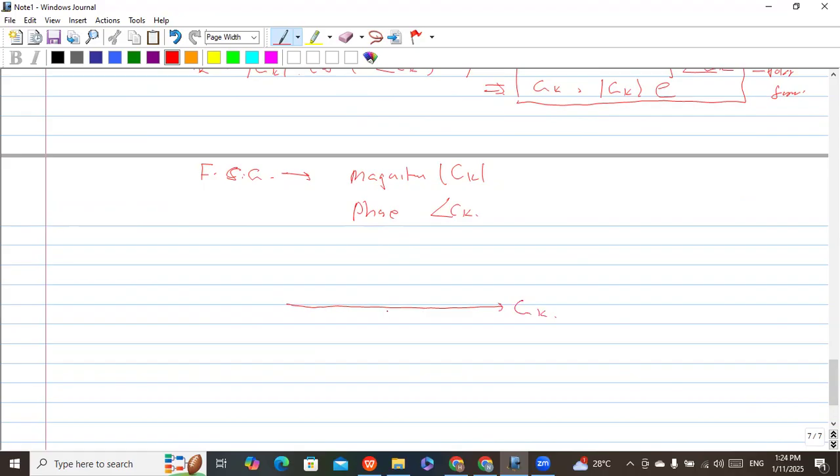Here in our case we have three values, C0, C1, C2. And what is the magnitude of C0 in our case? C0 is 1, no? So it is a real value. So the magnitude of 1 is again 1. So the magnitude of C0 is 1. And what is the magnitude of C1?